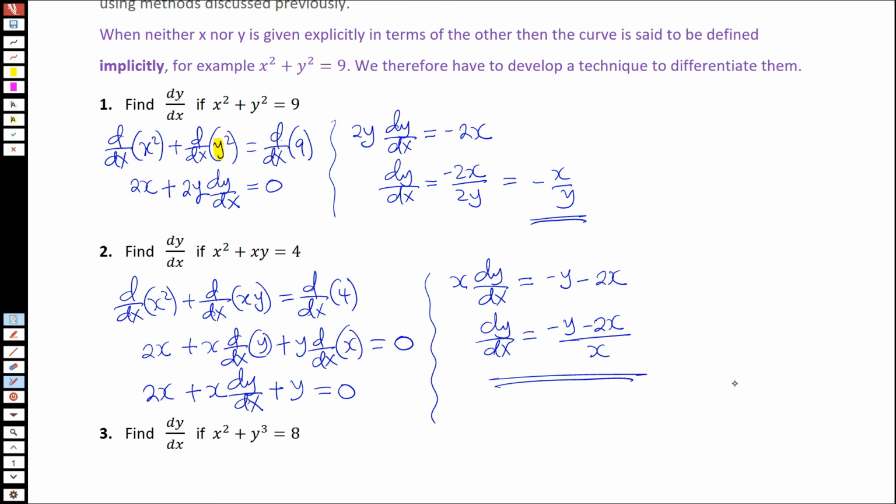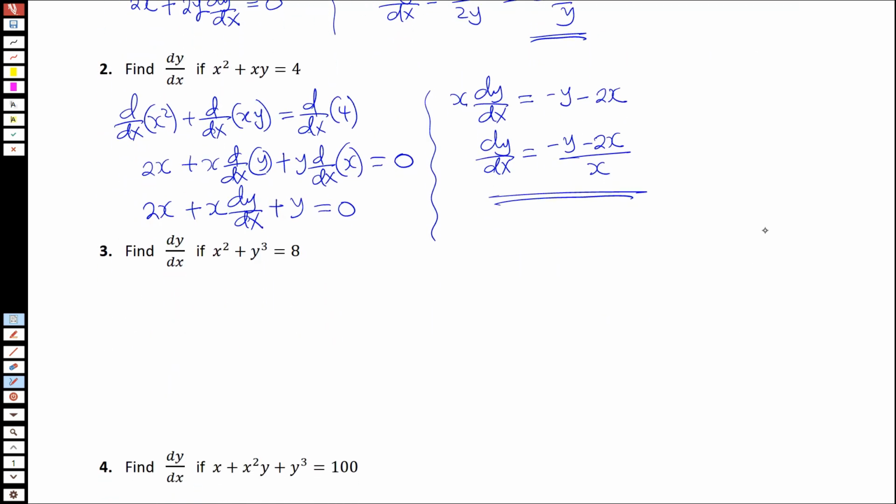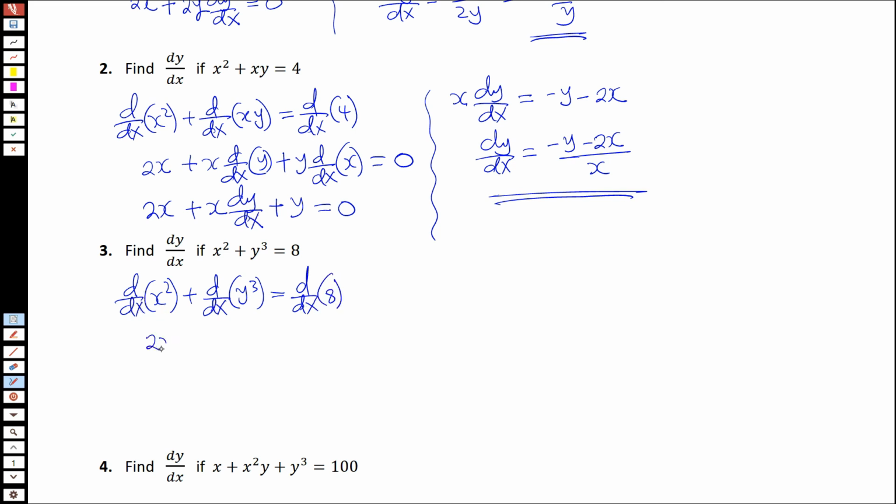And that will be the required solution. Okay, number three. Again, same way, we have to differentiate term by term. So d over dx of x squared plus the derivative of y cubed, which will be equal to the derivative of 8. Derivative of x squared will be 2x. Now here we have to apply chain rule because you have a function inside another function.